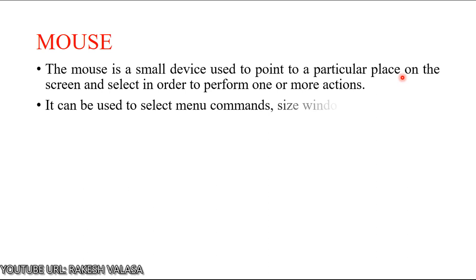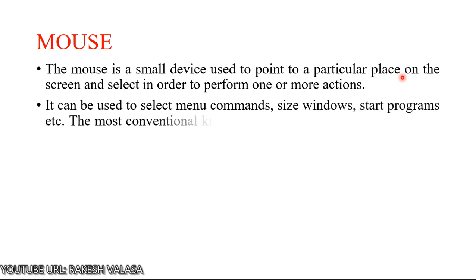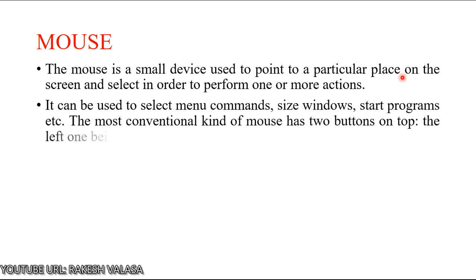It can be used to select menu commands, size windows, start programs, etc. The most conventional kind of mouse has two buttons on the top, with the left one being used most frequently. The mouse has two buttons, one is the left button, another one is the right button. In the middle, one roller is there.